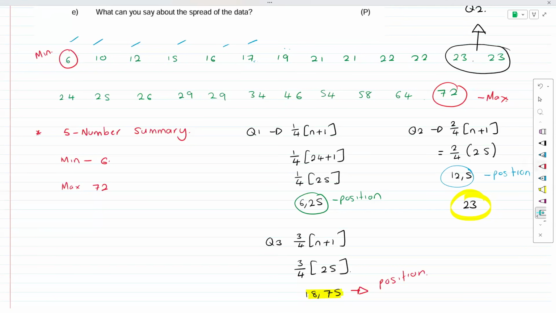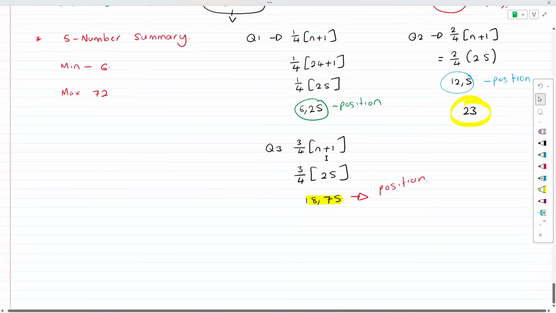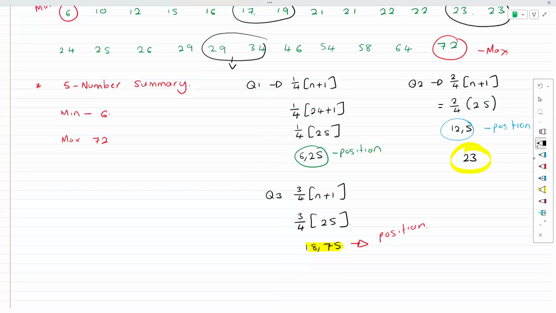Now, guys, the problem is, I want you to see that we need to make some really important decisions. I'm saying quartile 3 is somewhere here in the middle, right? It's 18.75. It leans closer to the 19 term. So to make things a little less complicated, because it's above 5, we're going to go to the next number.